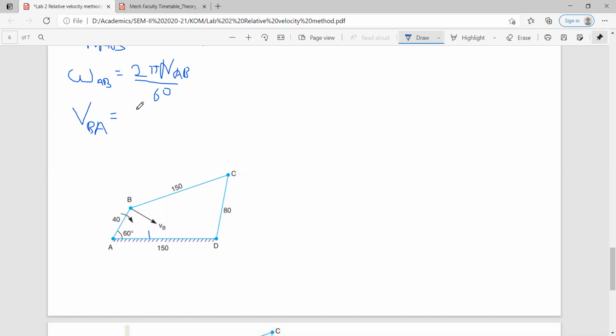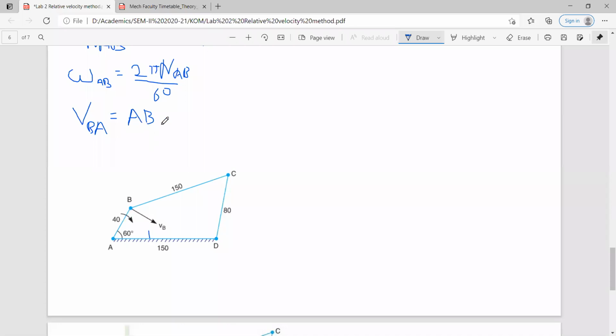What will be the formula? Formula will be radius multiplied by angular velocity. So radius for point B will be nothing but the distance between these 2 points, that is AB, because both the points are on the same link. A and B both are the points on the same link.